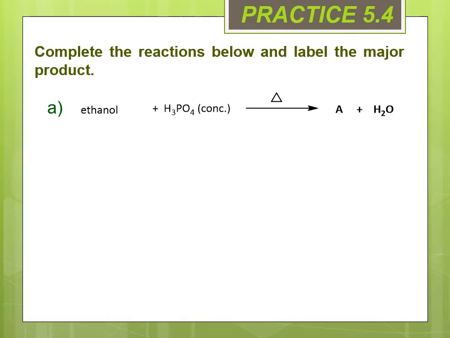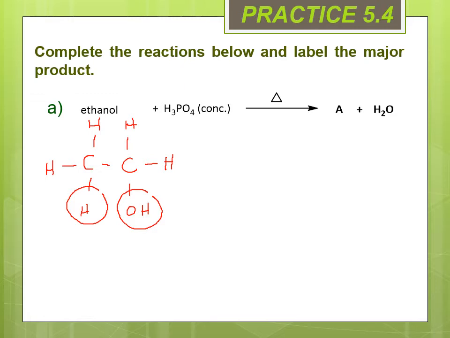Number 1A, ethanol is the reactant. Let's draw the expanded structure of ethanol. As you can see, the hydroxy group can take the hydrogen on its left or on its right.